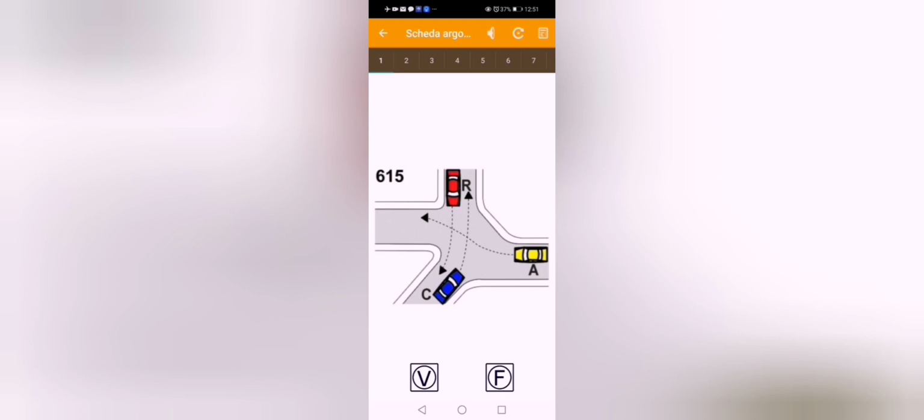So for that reason, the yellow has to wait for the red to go, because nobody will be hitting the vehicle A from the passenger side. If the vehicle A has gone, then you will see that the blue cannot go because the yellow will hit the blue from the passenger side. So the yellow has to go before the blue will go. So it will now be A, C.